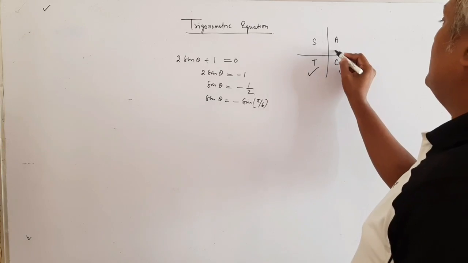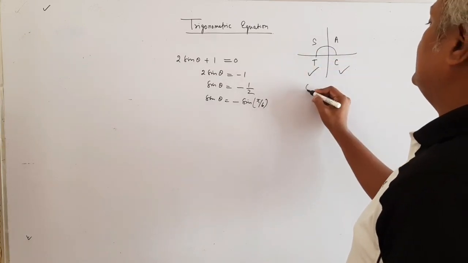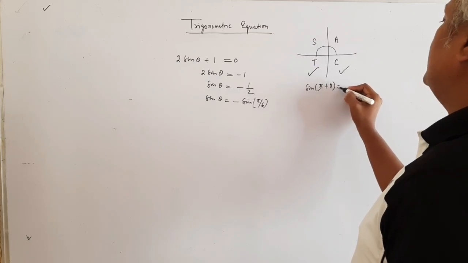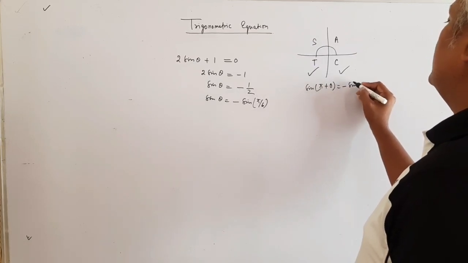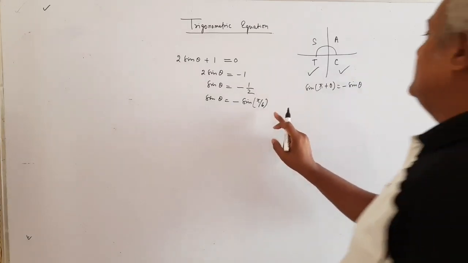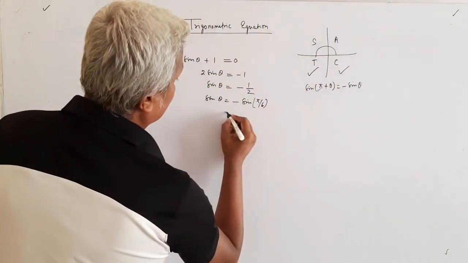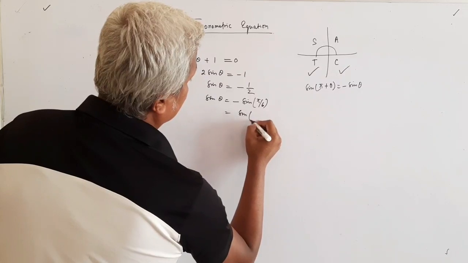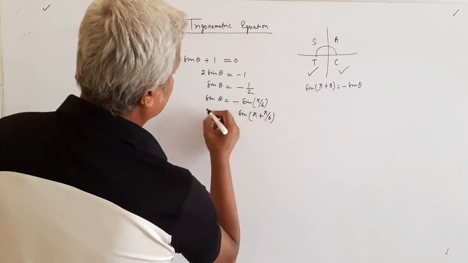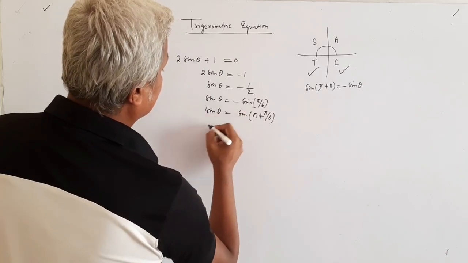Third quadrant means 180 plus theta, and the formula goes like this: sine of pi plus theta is minus sine theta. So here this equation will become sine of pi plus theta, where this is pi over 6 and this is theta.